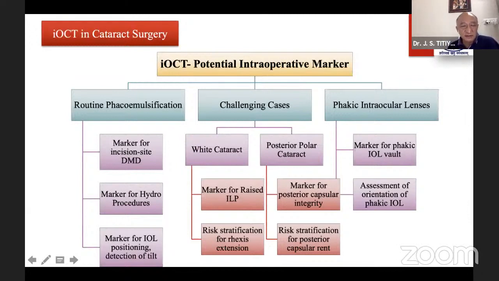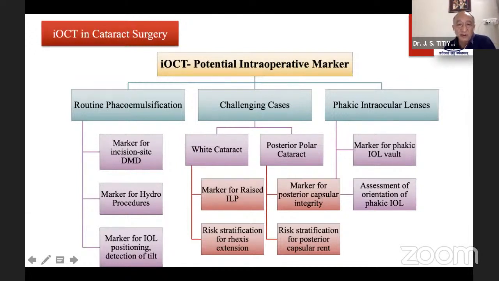In a routine cataract surgery, which Arul talked about, there are three critical points: looking into incisions, the hydro procedure, and intraocular lens positioning, where this will help us judge how effective your surgery was on the table, during your steps and after completion also.